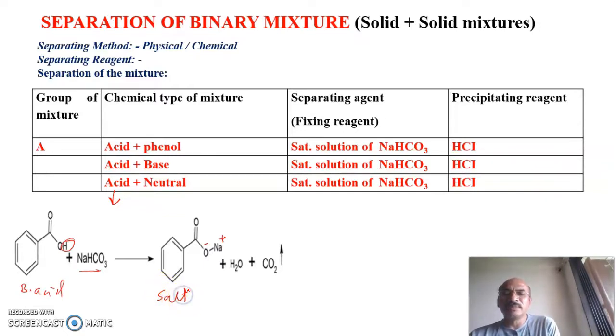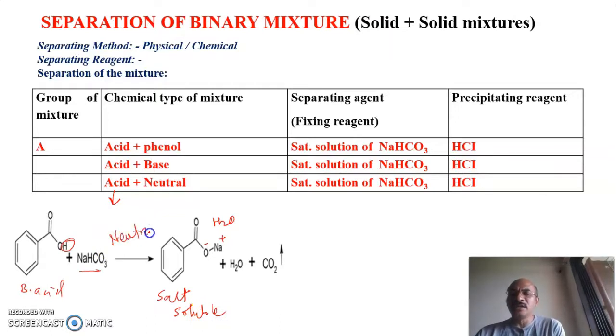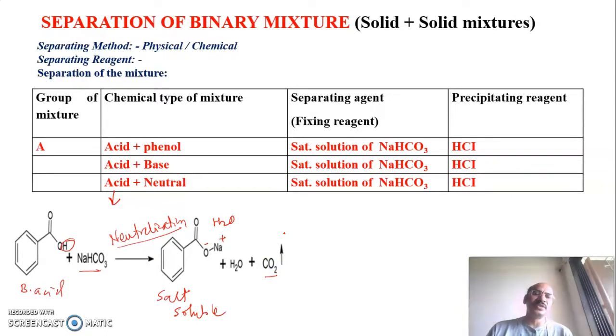You see plus minus charge, positive and negative charge is there, and because of that it dissolves in water. It is soluble in water. Okay, and salts are soluble. So this process is called a neutralization, a reaction of acid with base, weak base here sodium bicarbonate. It is called a neutralization. Carbon dioxide is the gas that is formed, and effervescence comes out. Water molecule is there as a side product.